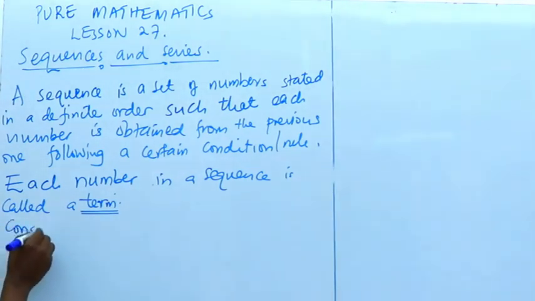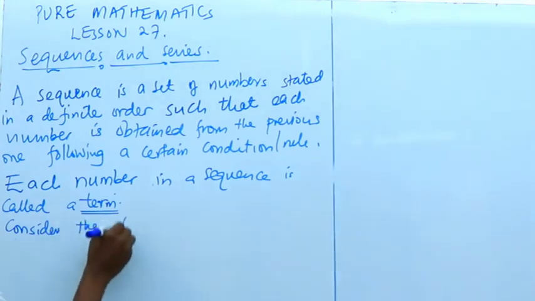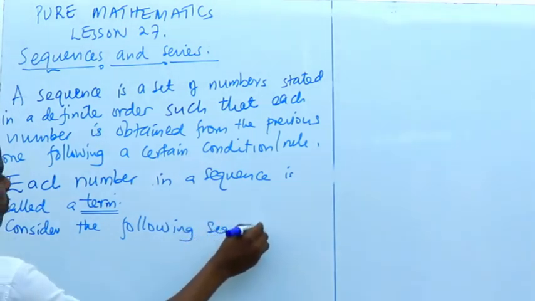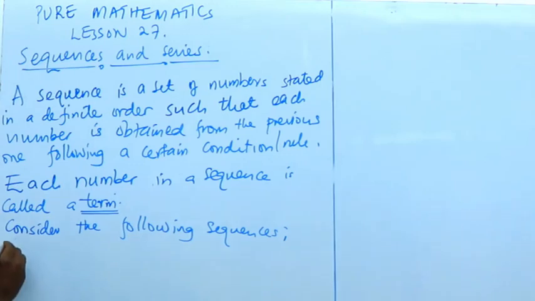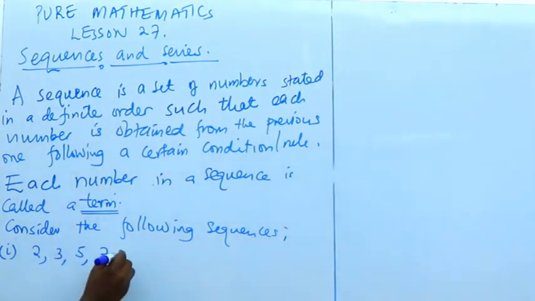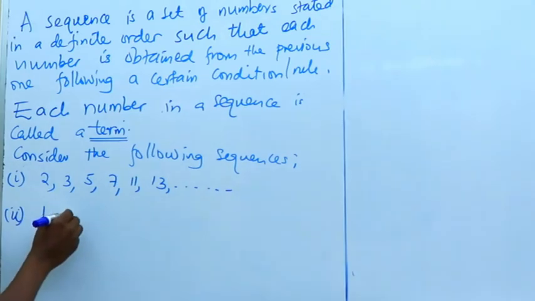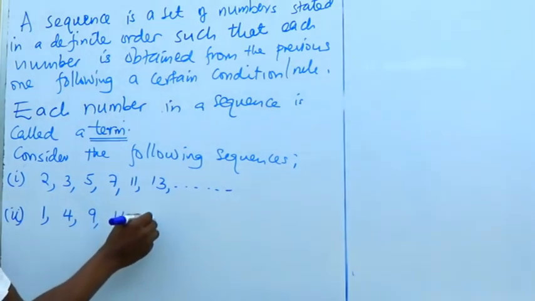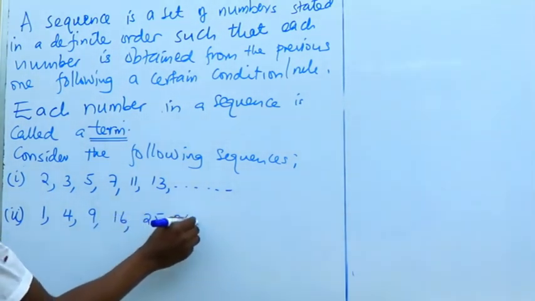Consider the following sequences. Roman 1 can have 2, 3, 5, 7, 11, 13, and so on. Roman 2, we can have 1, 4, 9, 16, 25, 36, and so on.